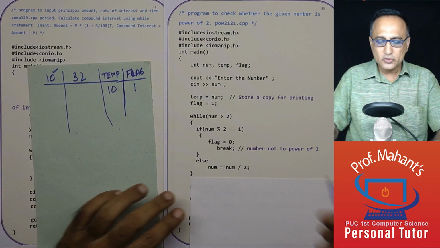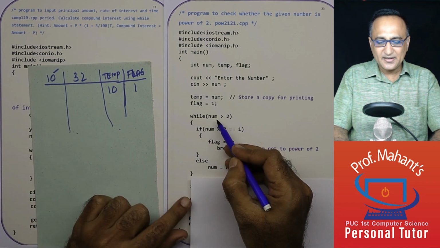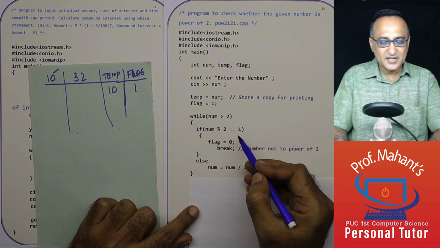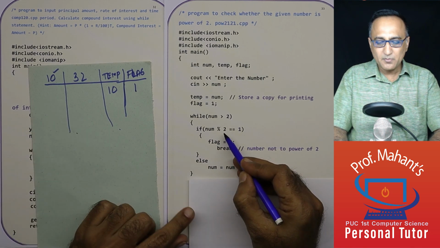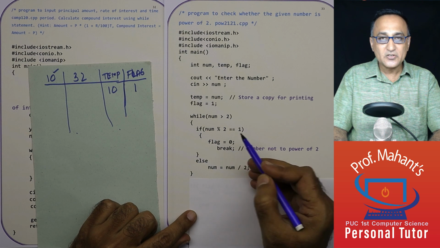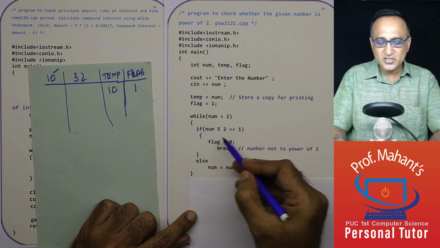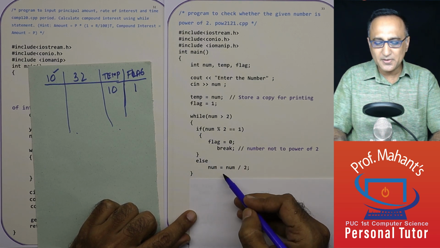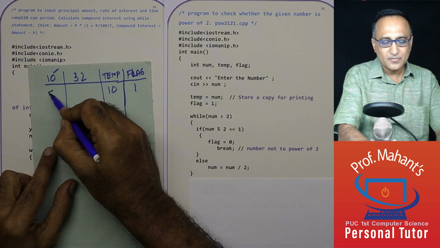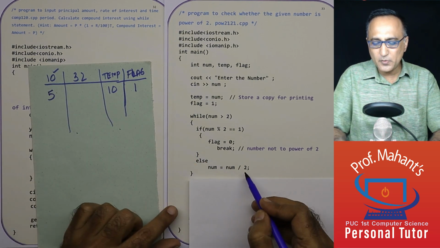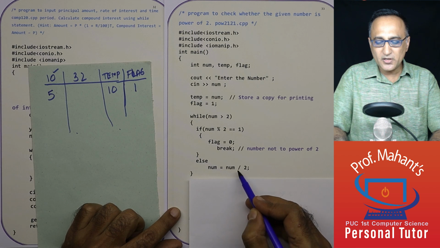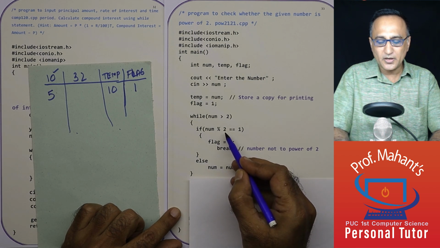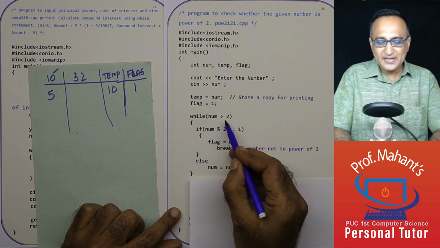Initially our number is 10. 10 is greater than 2, the condition is true. 10 mod 2, the remainder is 0. So this condition is false, it will not go into this, it will come here. Now number 10 becomes 5 because I am dividing it by 2. Division gives you the quotient, mod gives you the remainder. Now is 5 greater than 2?